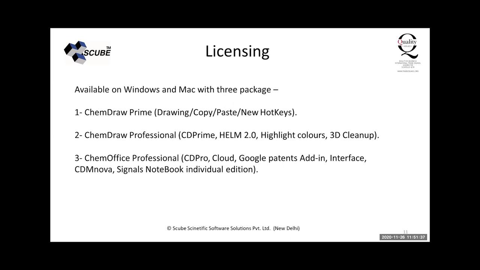I think in December 2020 they are going to release this one. Then the interface for third parties, as we have discussed, third parties like Gaussian, GAMESS, and AutoDock, right? That feature is there in ChemOffice Professional.